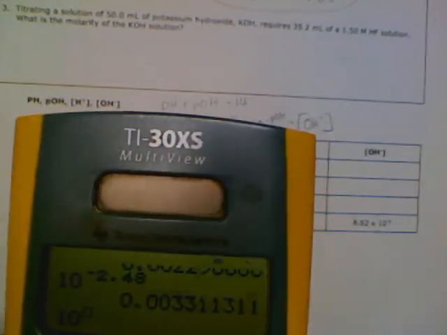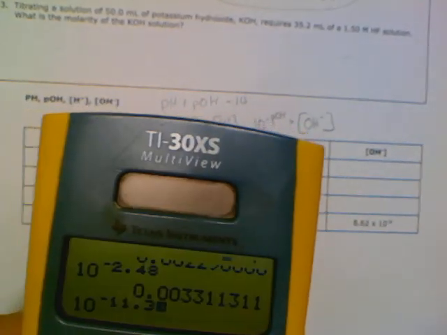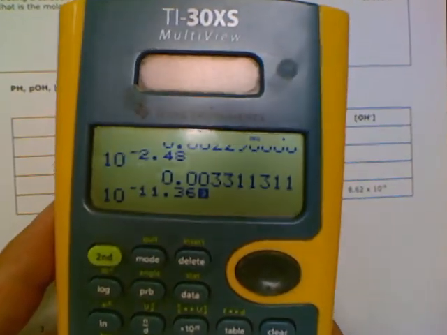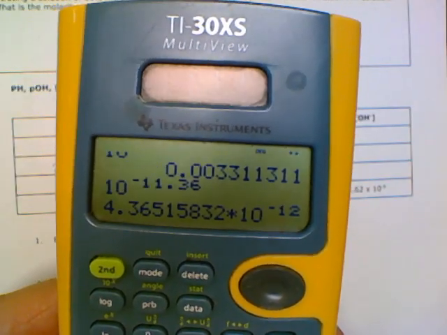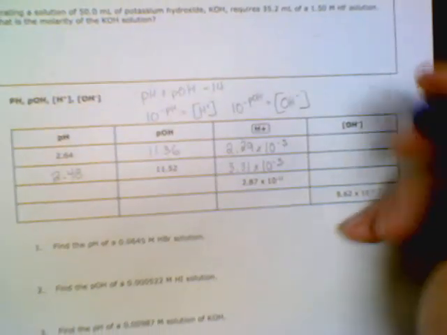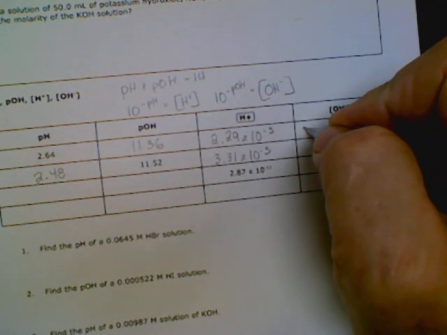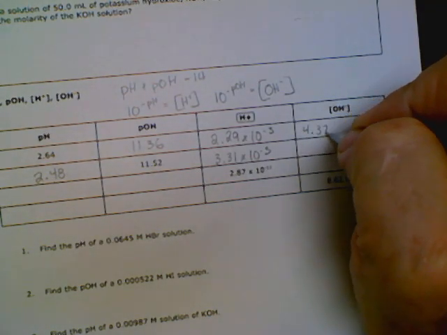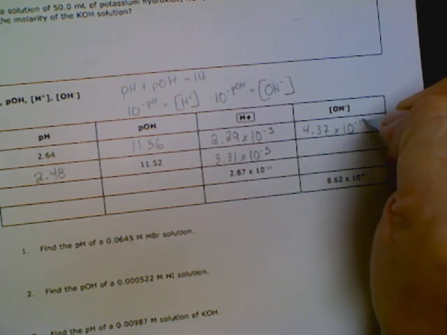I'm going to take 10 to the negative 11.36 power, 4.37 times 10 to the negative 12.